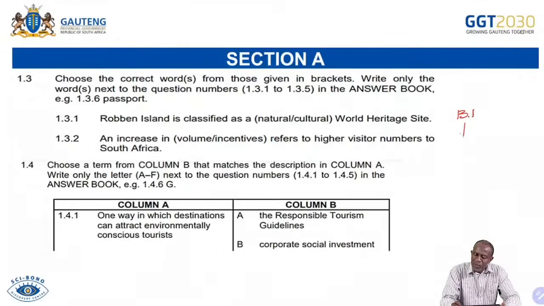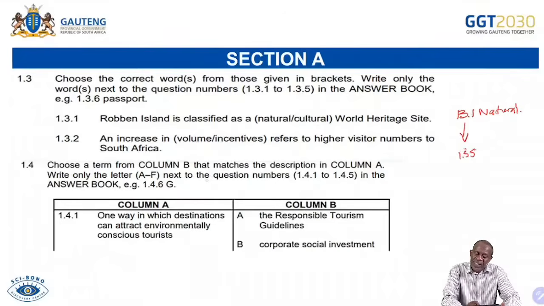1.3.1 up to 1.3.5 in your question paper, and if your 1.3.1 is cultural, then you'll have to write cultural, and if it's natural, the correct answer you'll write natural.